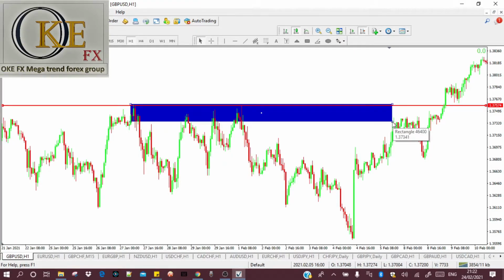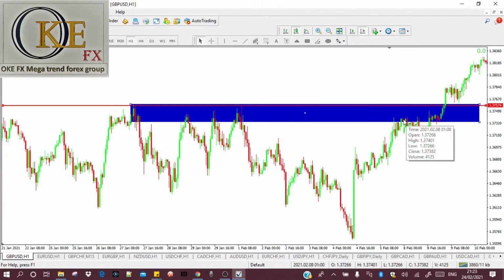Now I want you to look at this. Remember, we want to treat this as a zone, as an area on the chart, and not just as a line. Did you notice it still did not get here, but from here it's rejected?